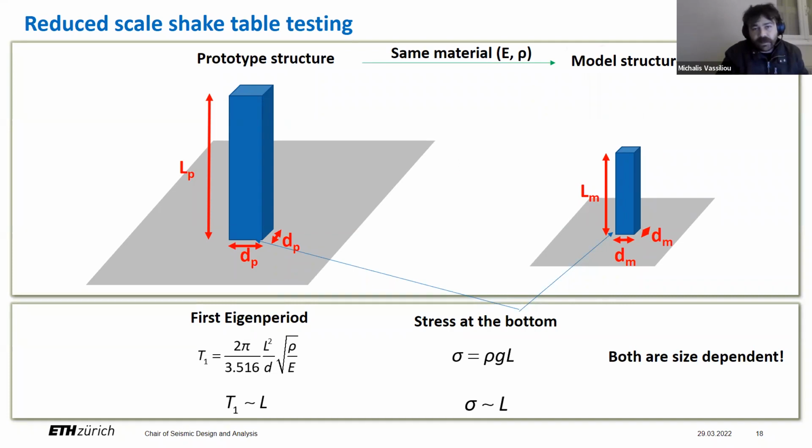Assuming that they're made of the same material, when you scale down n times, the eigenperiod decreases by n times, and the stresses within also decrease by n times. So you have some phenomena here that are size dependent.